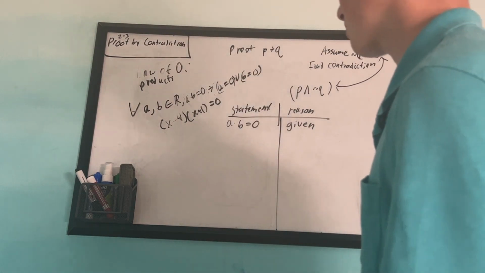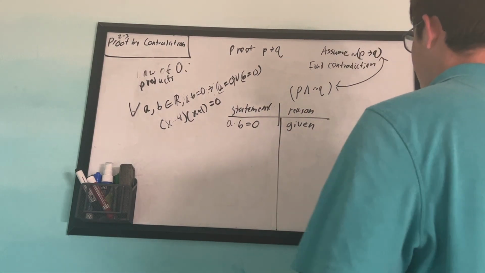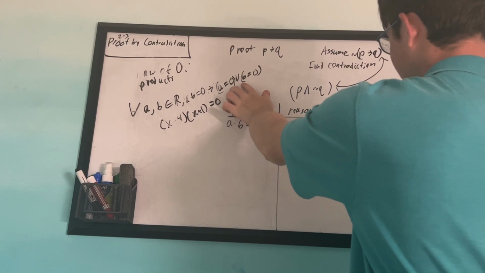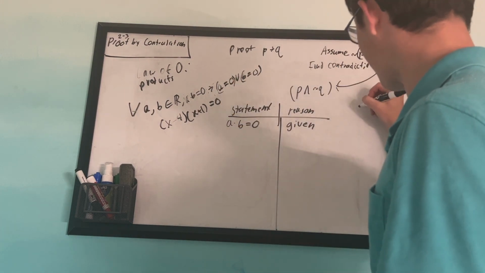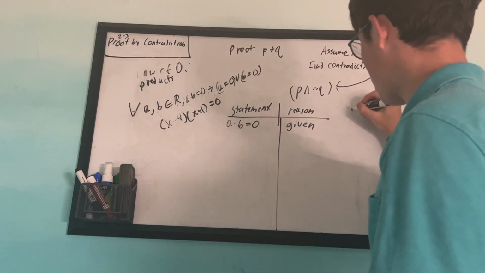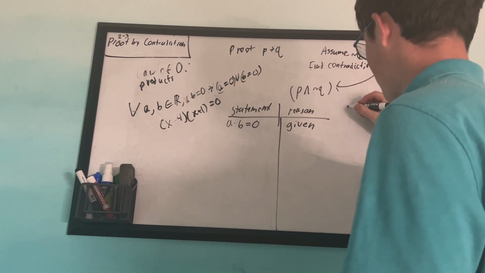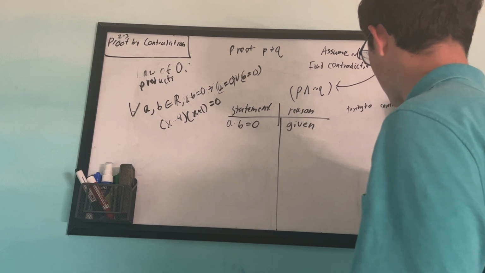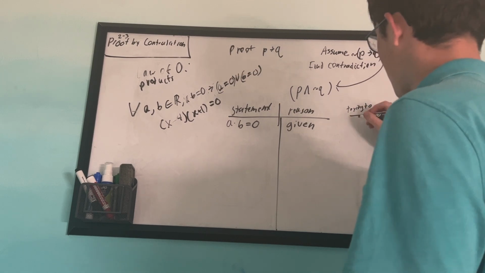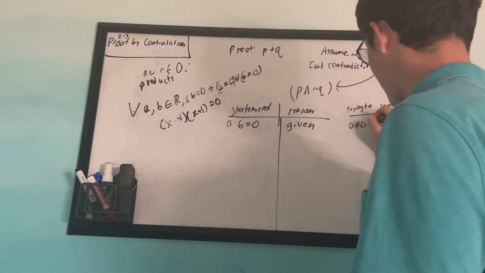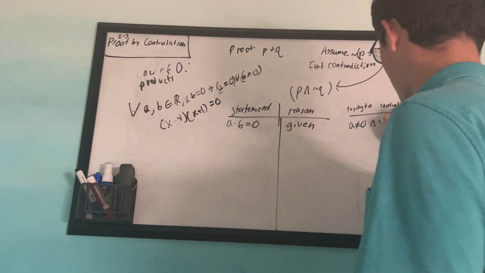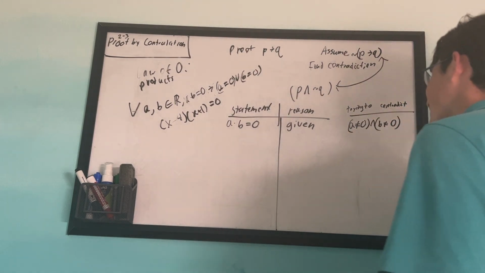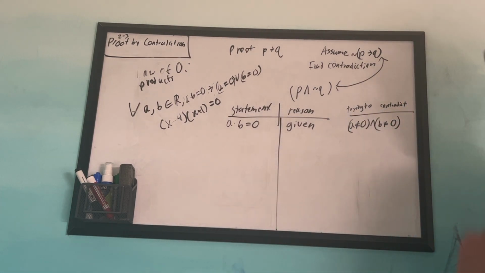So we're trying to find a situation where, the negation of this, which I'll just write over here, I guess, to make it easier, we're trying to contradict this statement where both A and B are not equal to 0.